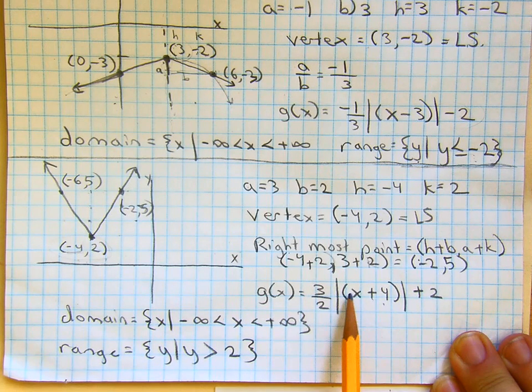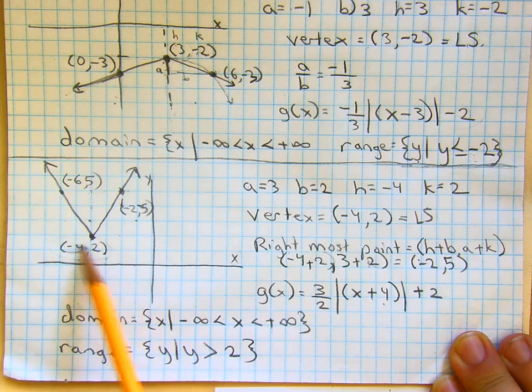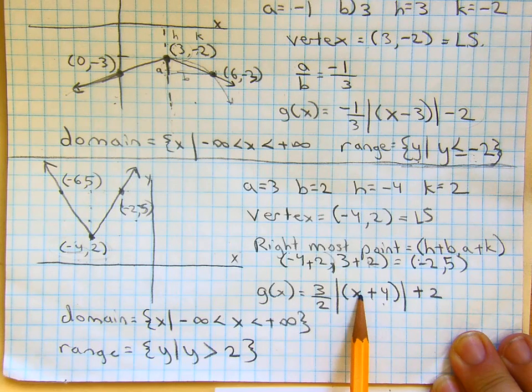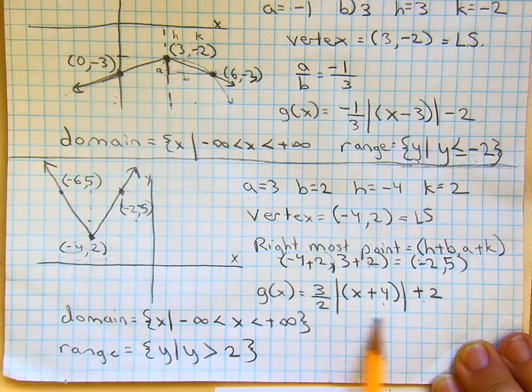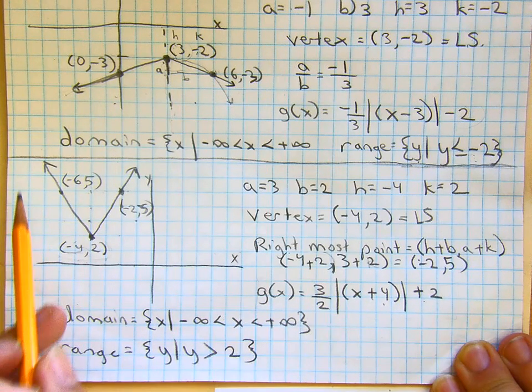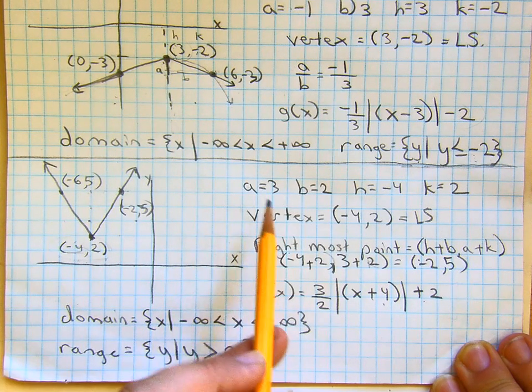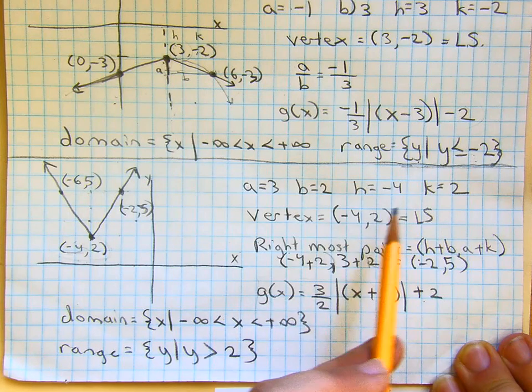This is a positive 4 because remember the equation is x minus h. H is a negative 4. So a negative times a negative becomes a positive in our equation. K is plus 2. So now we are able to create our equation based off of just getting our values from the points in the graph.